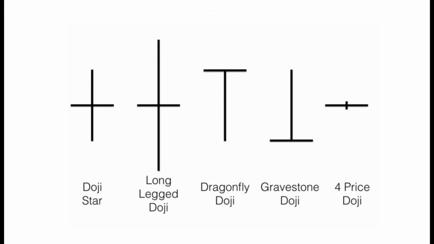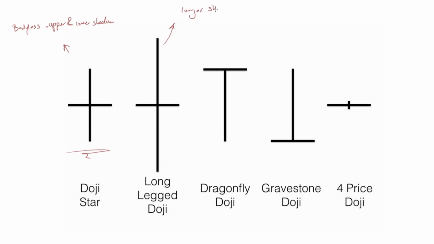Here we have all kinds of dojis. Here is a standard doji, which is a bodiless candle with shadows and an open and close price. Then we have the long leg doji with longer shadows on top and bottom. And then the Dragonfly doji with a long lower shadow and no upper shadow.